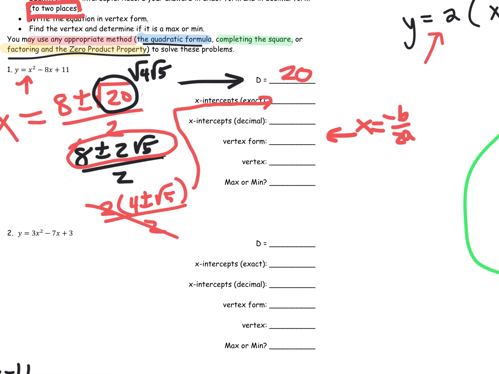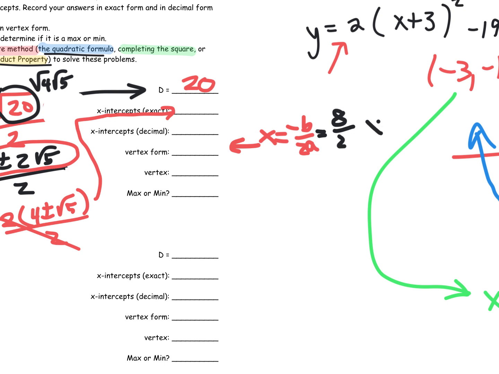No, negative of negative 8. So it's 8 over 2a, which is 2. So x equals 8 divided by 2 is 4. And that's the axis of symmetry. If I were making this worksheet, I'd have a spot for axis of symmetry also. And the vertex is 4 comma something, and I don't know yet.